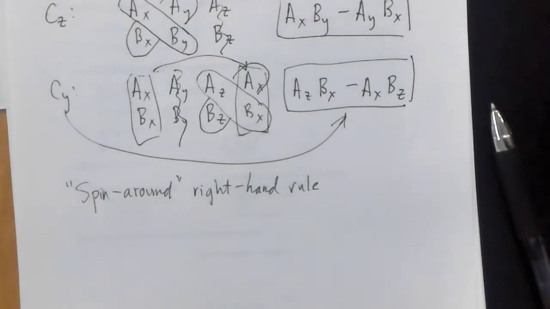One was the cross product right-hand rule, where you put your fingers in the direction of the first vector, you turn the wrist so that you flip to the second vector, and you stick up your thumb; that's the direction of the cross product. Now this is the spin around right-hand rule, which is very simple. If you have something spinning like this, you think of the tips of your fingers as little vectors, and you cup your fingers so that they go in the direction of the rotation, the same way as the wheel is rotating.